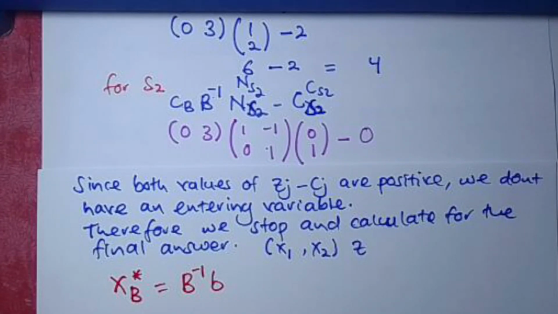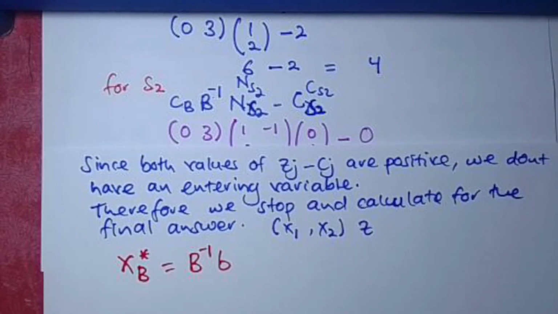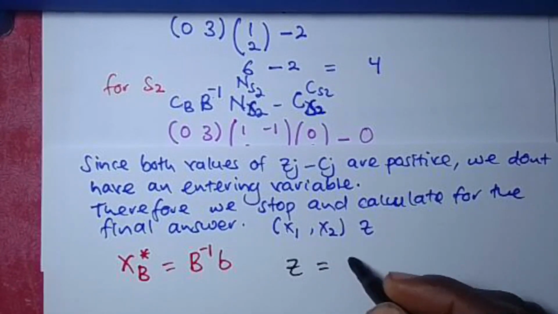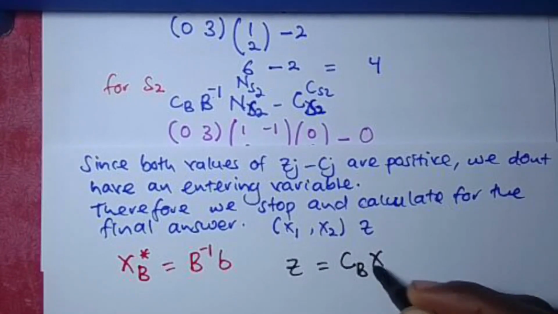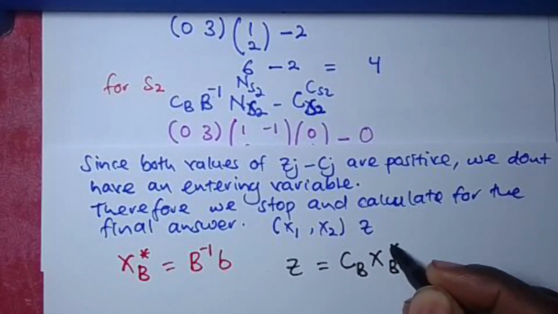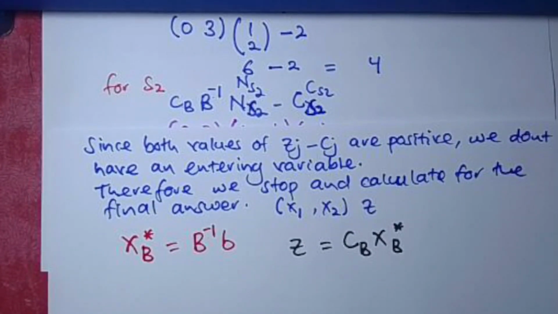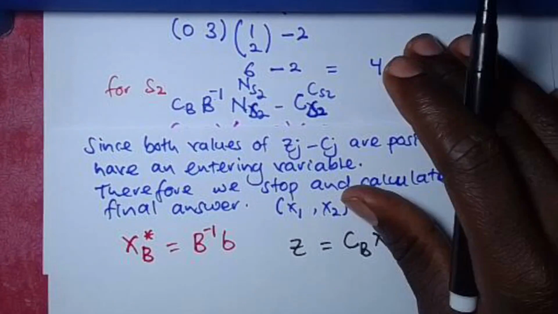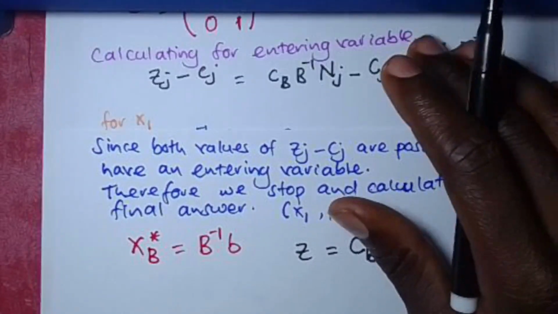Then to calculate for the z value, z is going to be equal to the coefficients of basic times our new x basic. So that is just how we calculate for those. Those two formulas are what we need to have in mind. So let's get the values of x1 and x2. Now we go to our new x basic.